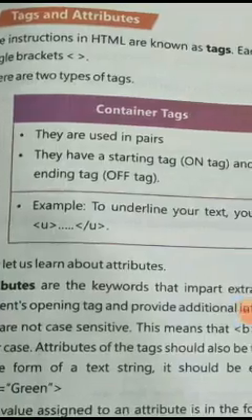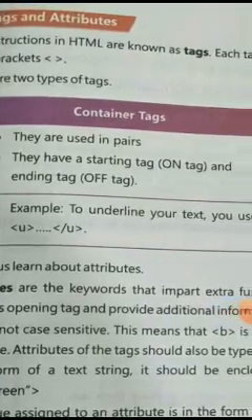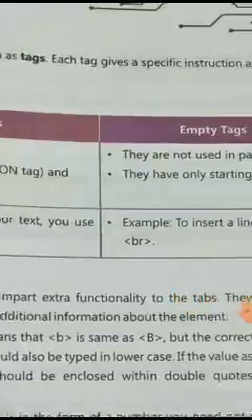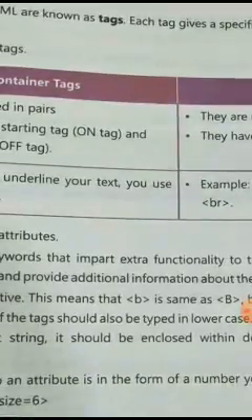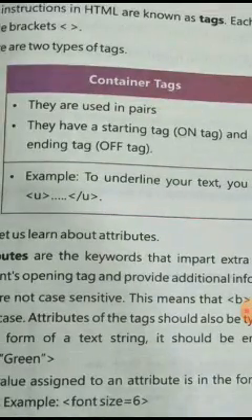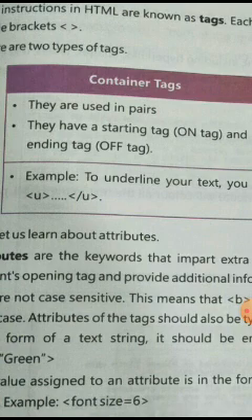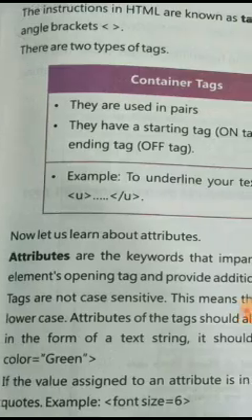In a container tag we have to use a starting tag and an ending tag, but in an empty tag we have to use only a starting tag. For example, if you want to underline your text, simply you have to use the U tag, then give your text, then close your U tag like this.